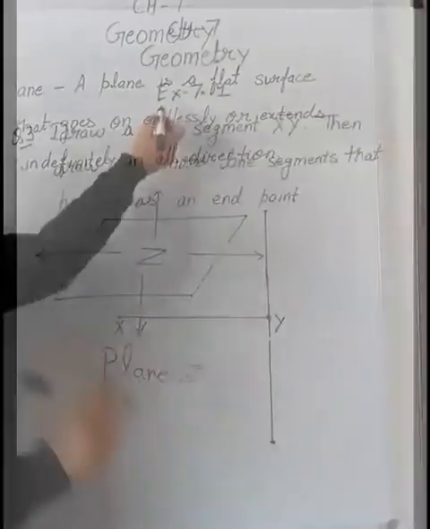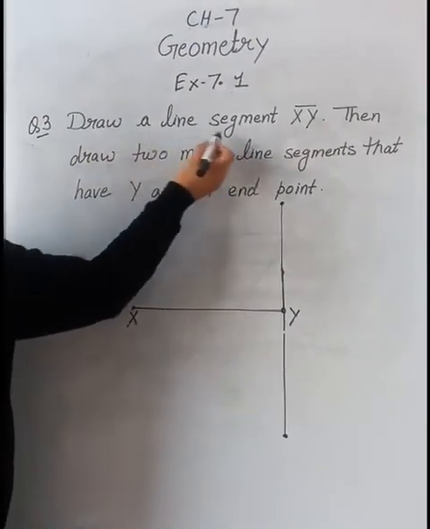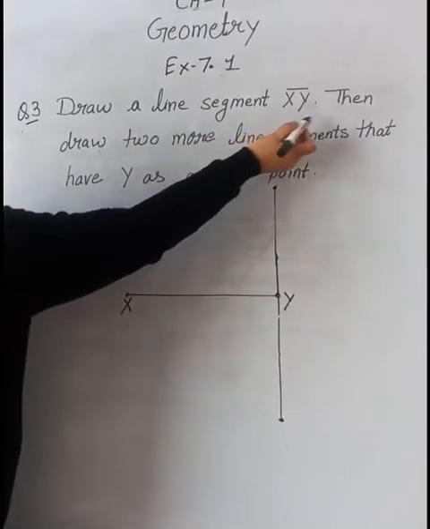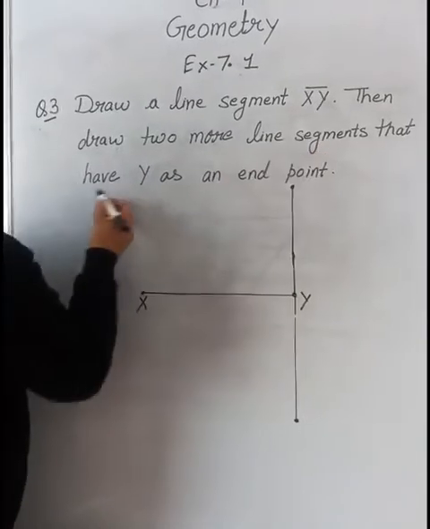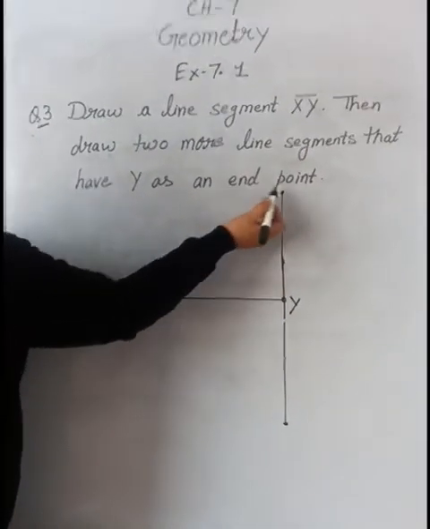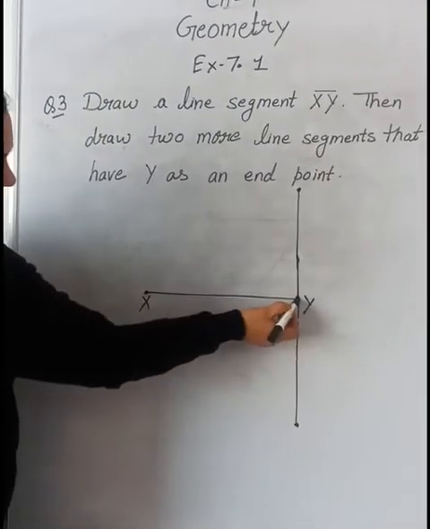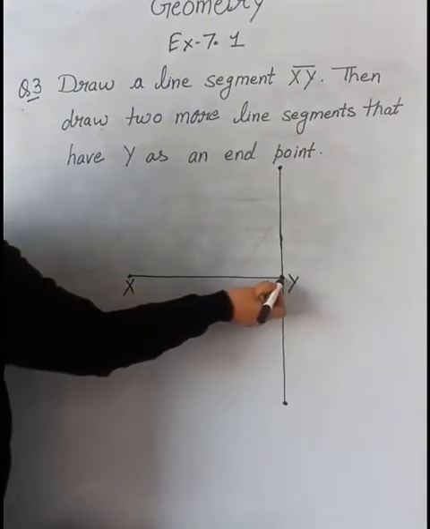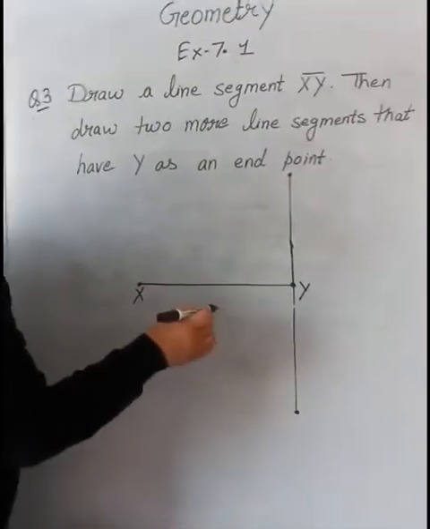Exercise 7.1, question number 3. Draw a line segment XY, then draw 2 more line segments that have Y as an end point. Now we have drawn line segment XY, and then we will draw 2 more line segments.